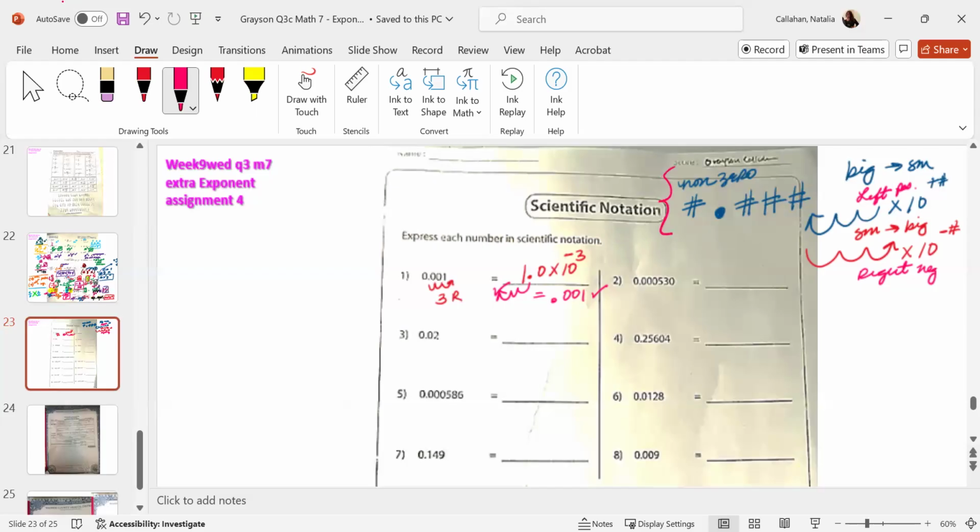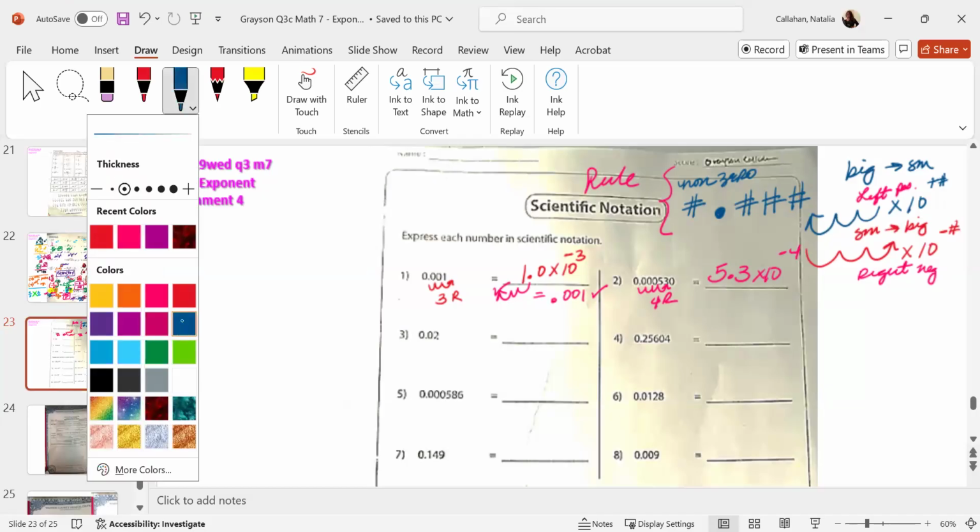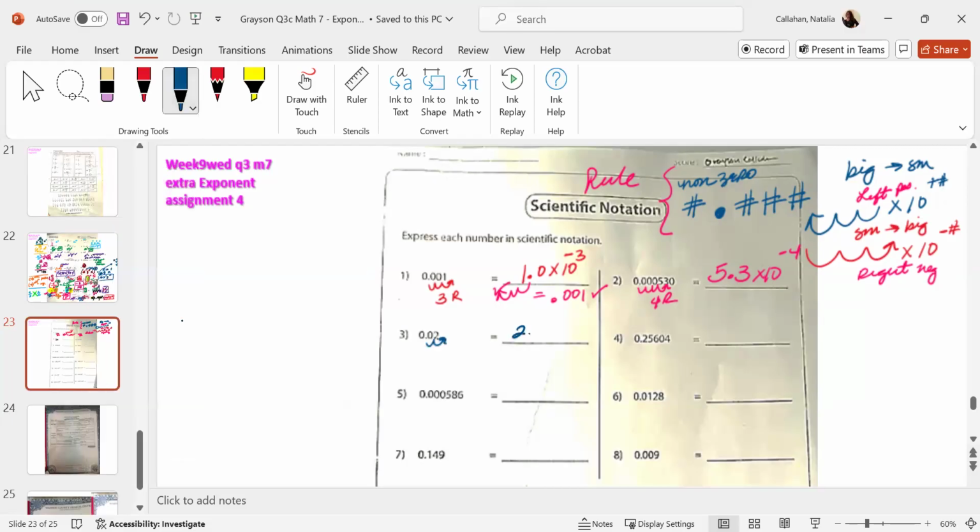This right here is a basic rule of scientific notation. 1, 2, 3, 4. You see that? Notice I don't need to put another 0 after this because I already have the dot right there. Times 10 to the negative 4. Did you have the right answer? You're going to change that? Oh, no, I don't need to change it. 2.0 times 10 to the negative 2.